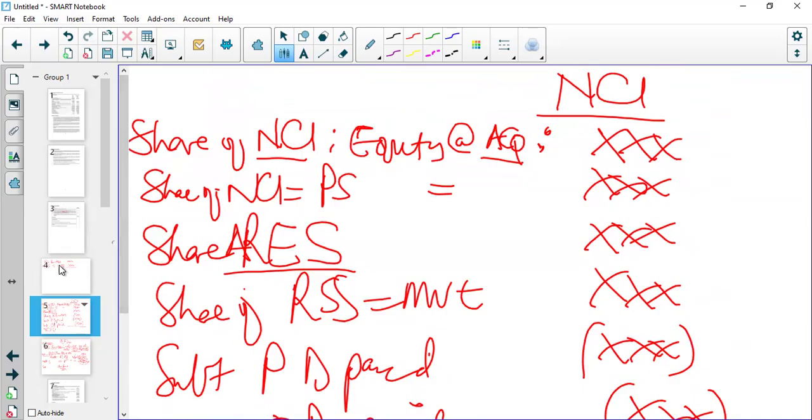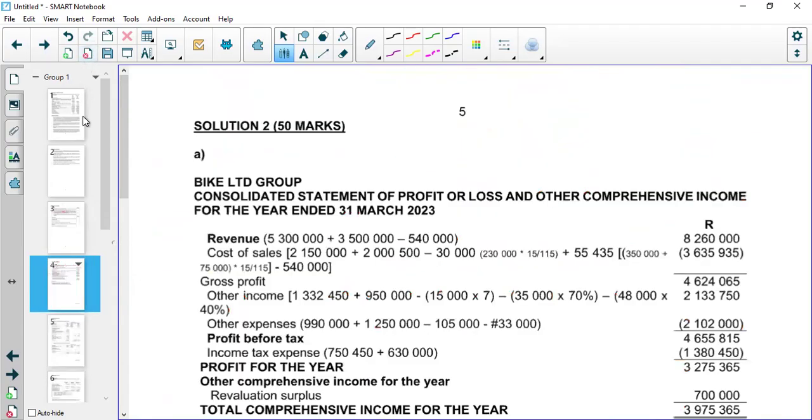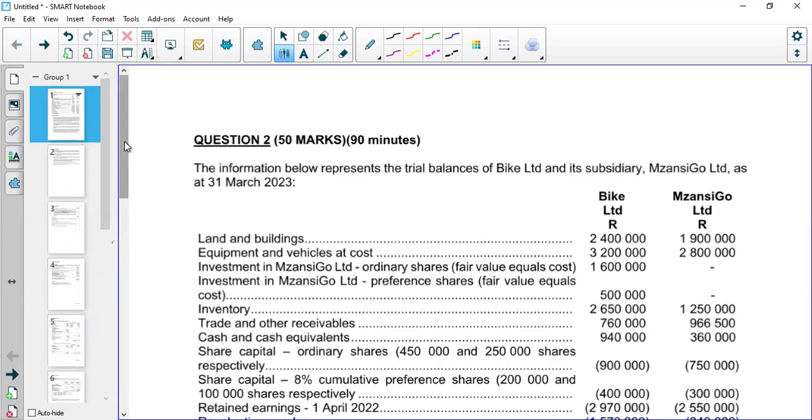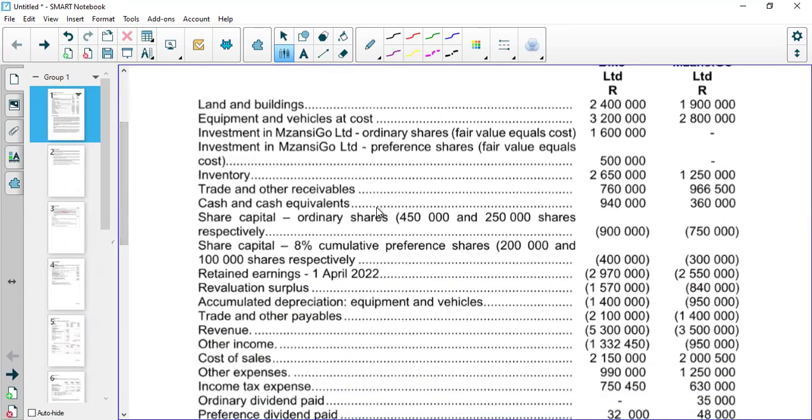Revaluation surplus. I think that's the easiest of them all. So we want at the beginning, so if we're going to do the revaluation surplus column, we start from the beginning. So if this is our revaluation surplus, it's 1,570 and 840.